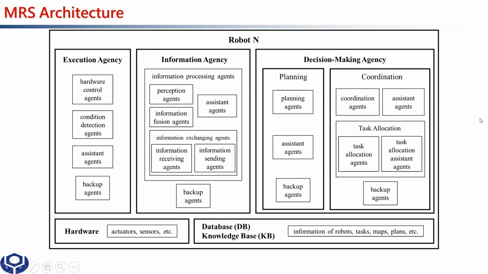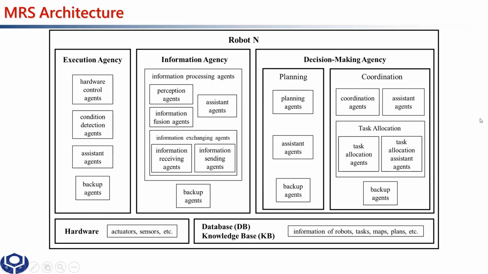So in this case, we need some programs to exchange information, such as their locations, their tasks, or the maps. We need several programs to exchange the information so that they can analyze the surroundings with the perception agents. And also, we need some coordination programs.